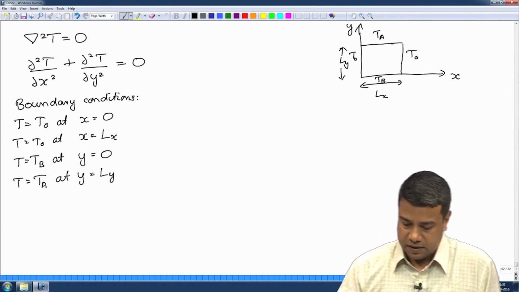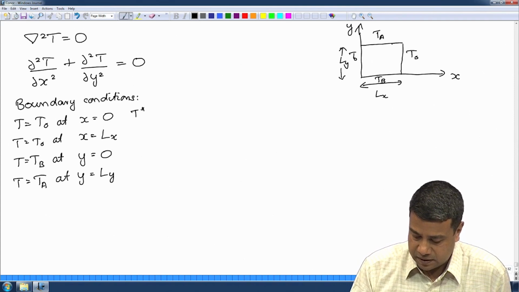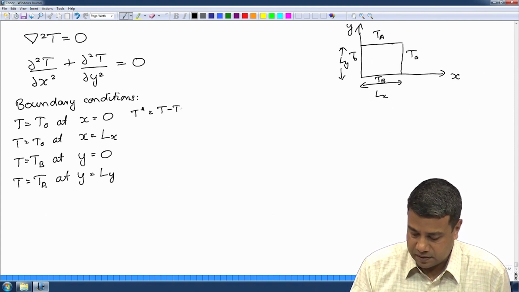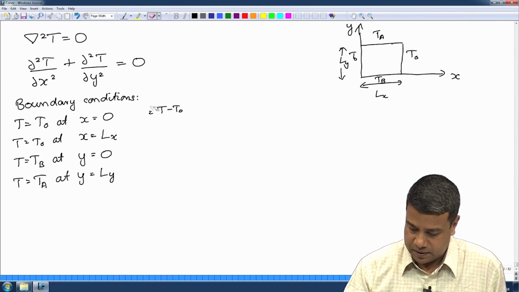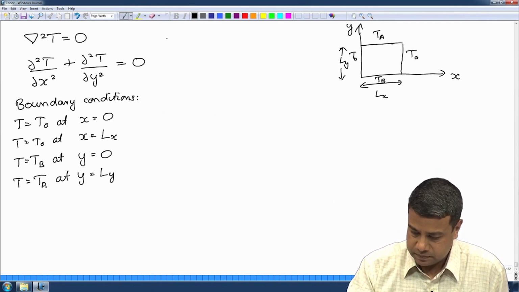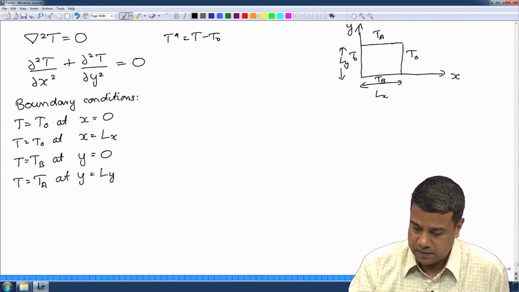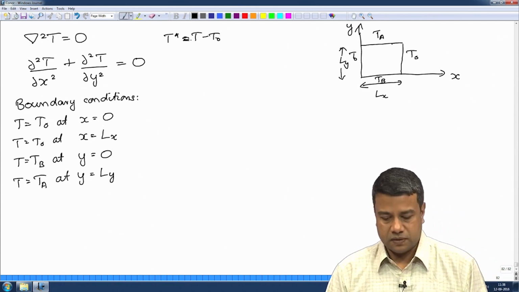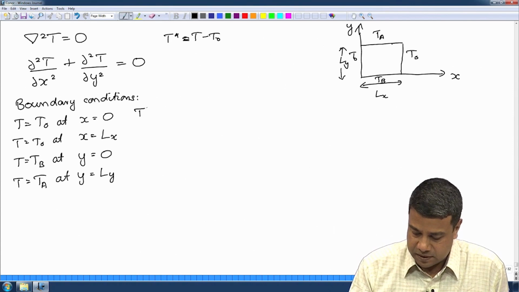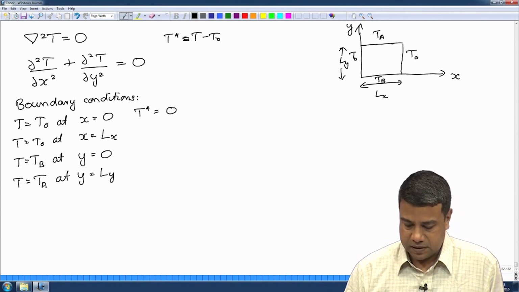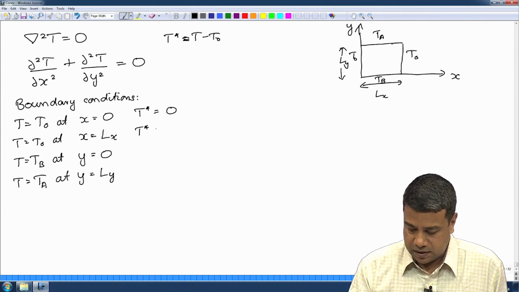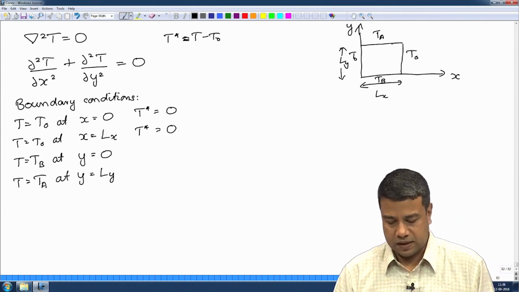Okay. I can do that just by writing T star is equal to T minus T naught. Okay, so if I just write T star is equal to T minus T naught, I will ensure that T star is equal to 0 at x is equal to 0 and T star is equal to 0 at x is equal to Lx.